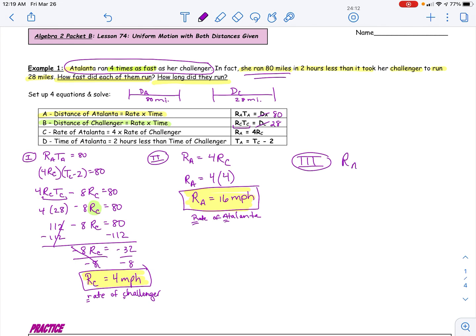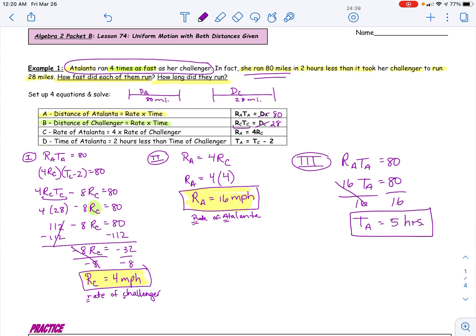Letter A, the equation in A is R A T A equals 80. We want to use this one because I now have the rate of Atalanta. So when I plug that in, then I'm going to be left with the time of Atalanta. So I'll have that part of the problem figured out. So let's substitute in 16 and solve for T sub A, which is the time of Atalanta, and 80 divided by 16 is 5 hours.